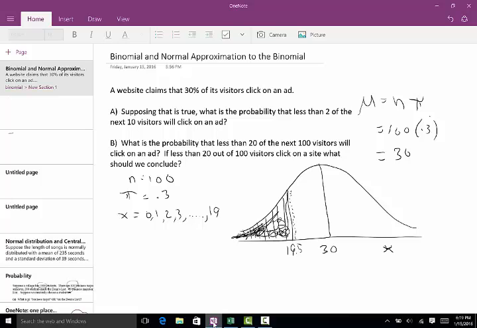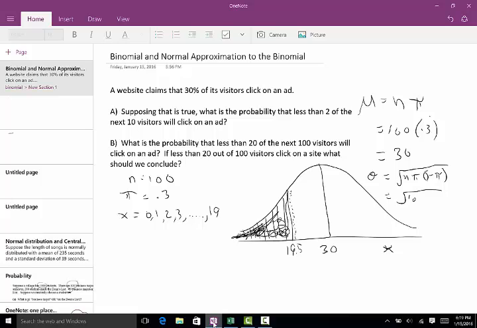Now we have a pretty standard normal distribution problem. We also need the standard deviation, which is the square root of n times pi times 1 minus pi. So for this problem, n times pi, we did that already.